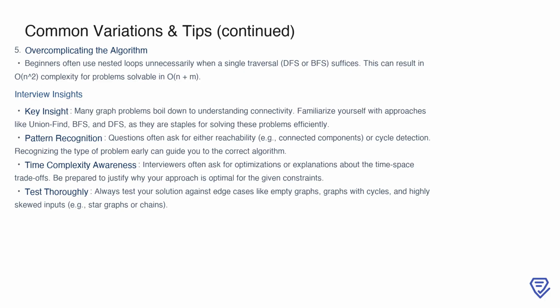Recognizing this early can help you choose the right algorithm. Additionally, always be mindful of time complexity. Interviewers may ask you to optimize your solution or explain the trade-offs between time and space. Lastly, thorough testing is crucial. Make sure to test your solution on edge cases like empty graphs, graphs with cycles, or extreme structures like star graphs and chains to ensure robustness.